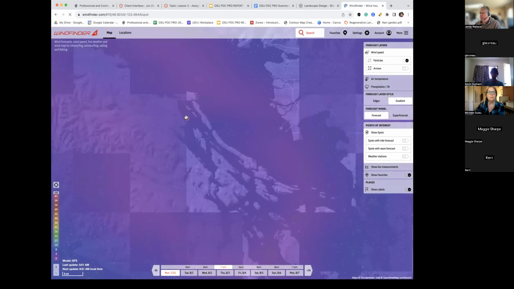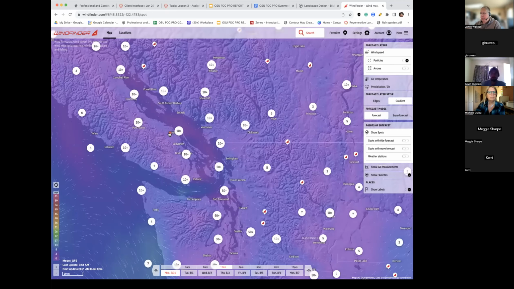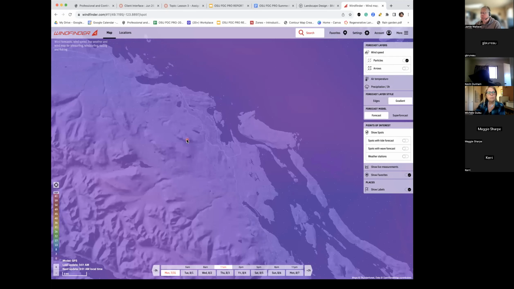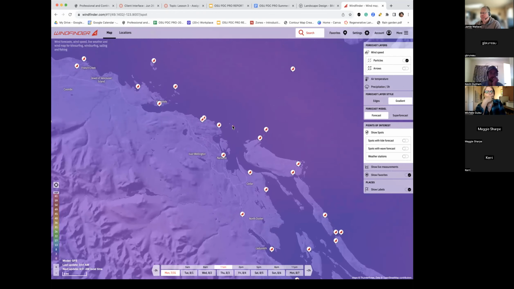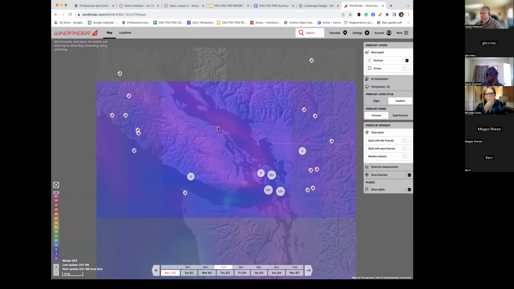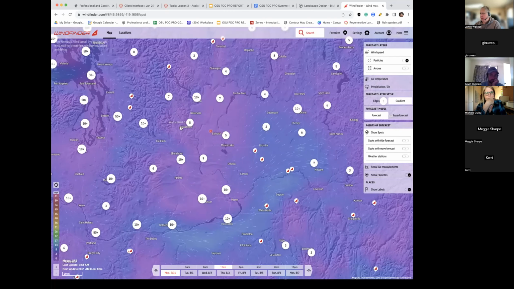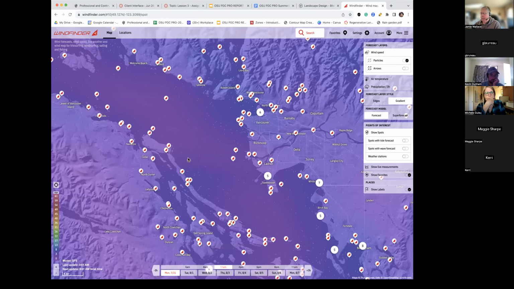So this one's called Windfinder, and it's pretty reasonable. It's all very water-based. So if you're inland and in the US, this may not be the best. It may or may not. We can back out and go take a look. Oh yeah, there's lots of data. Okay. Probably more data on the water.